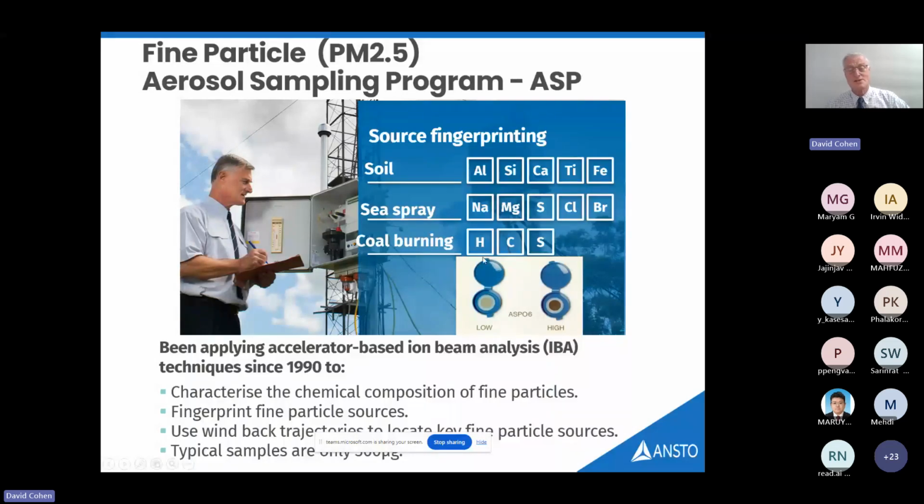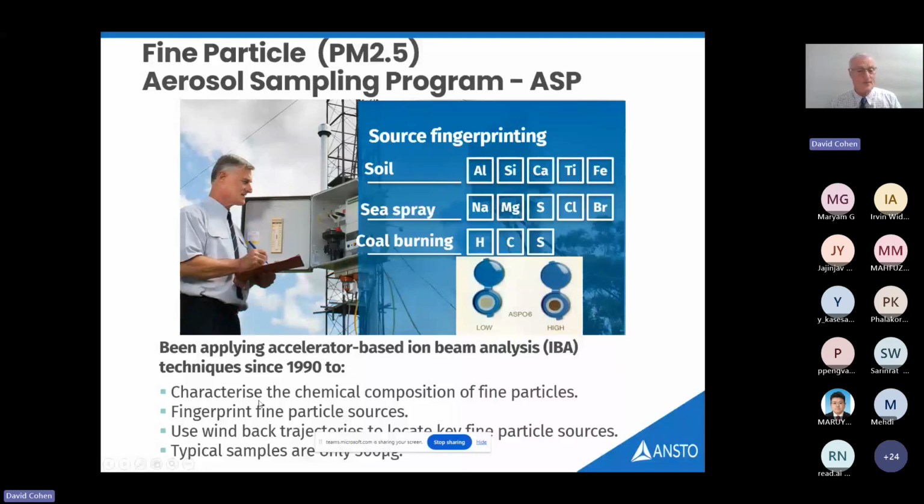So how do we do this? How do we measure it with accelerators? And I've shown you already we can measure a whole range of elements from hydrogen to lead. So if you can measure aluminium, silicon, calcium, titanium, iron, you can measure the soil content. If you can measure hydrogen, carbon, and sulfur, you can measure the coal burning content. And so what you do is you collect the filter paper here. So you see these two, and you put them in your ion beam and you expose them.